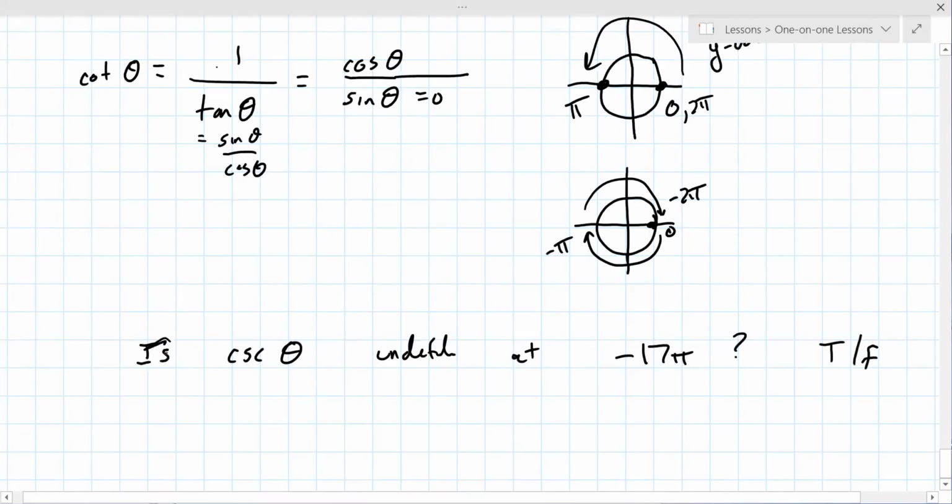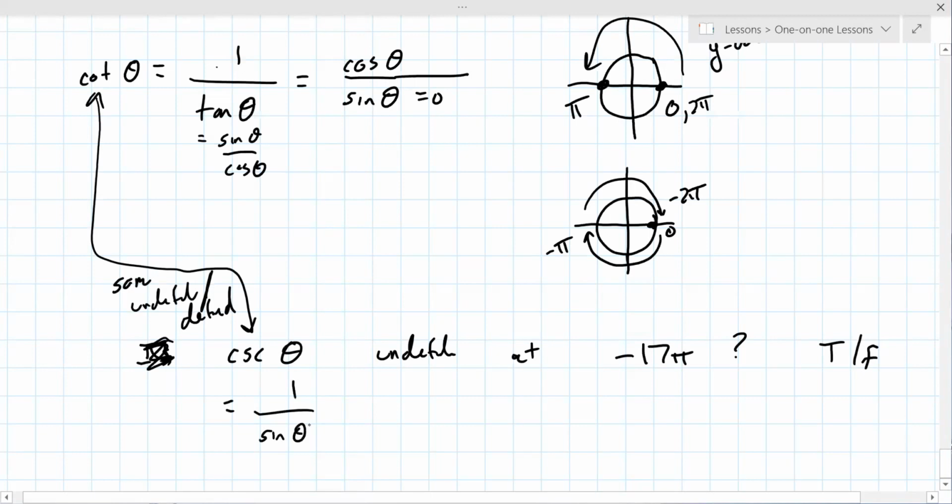Cosecant is the same as cotangent in terms of where it's undefined and defined, because sine is on the bottom. This is equal to 1 over sine theta. What do you do with this negative 17 pi? You have to figure out where that is.